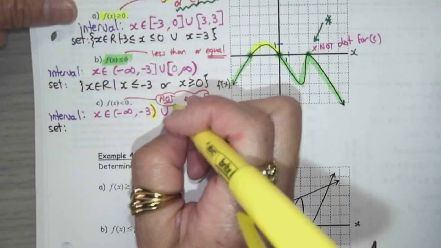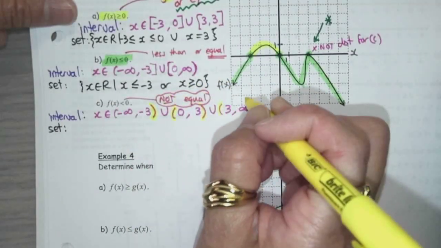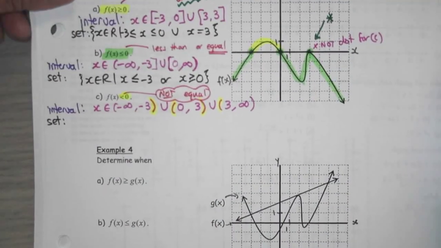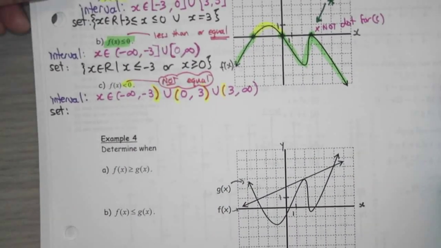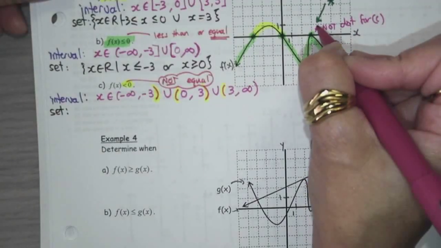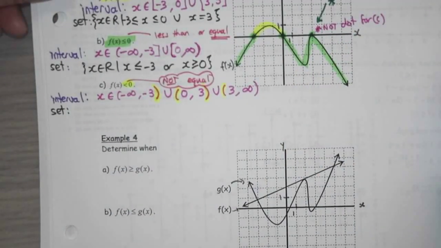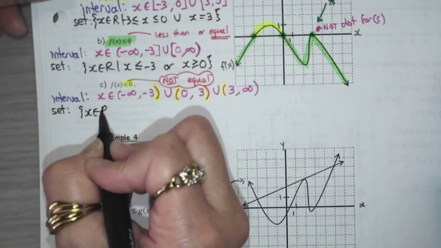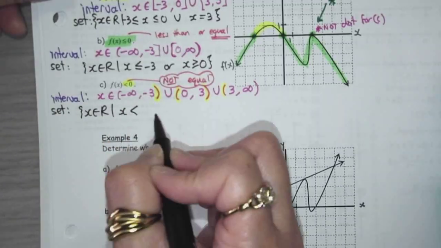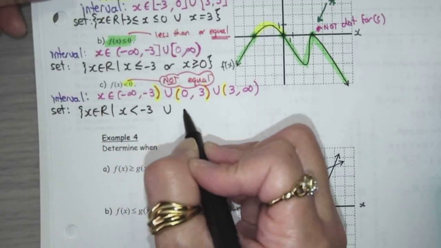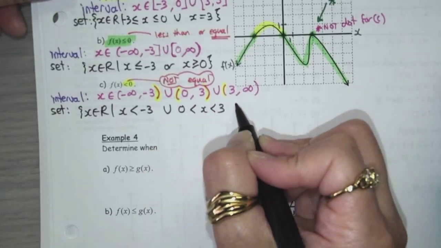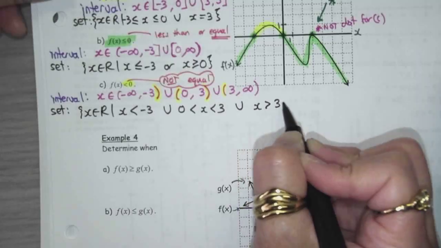And these are all round because it's less than but not equal. So you can't include the dot. I'll make this a star. Okay, so not for C. Set notation, it's just long, so it'll be x is less than, not equal to -3, or x is between 0 and 3, or x is greater than 3.